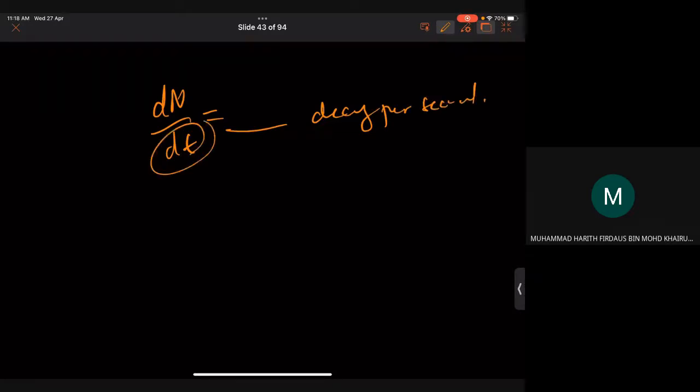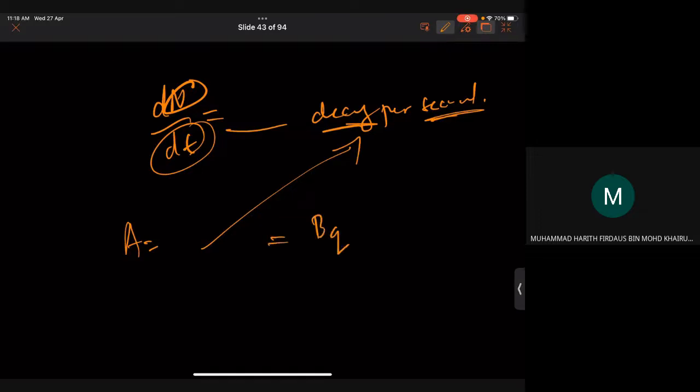Okay, unit pula. Unit dN over dt, unit dia adalah decay per second. Sebab ni second, ni decay, N. So that's why activity, unit dia pun sama, decay per second. Tapi selalunya kita akan letak unit BQ, becquerel, ataupun CI.